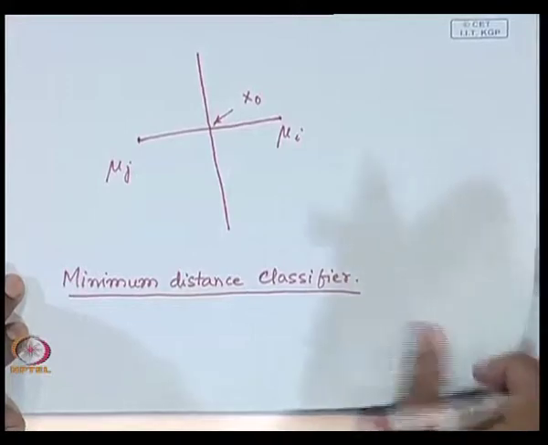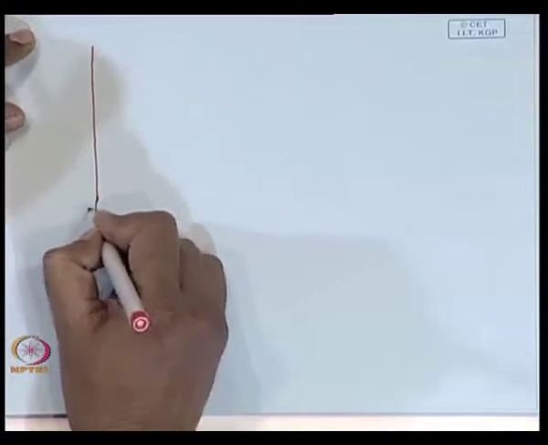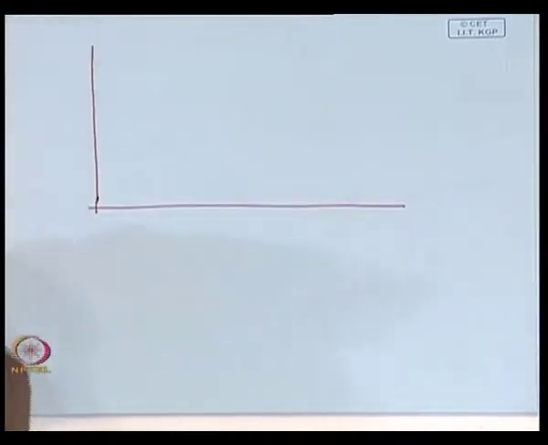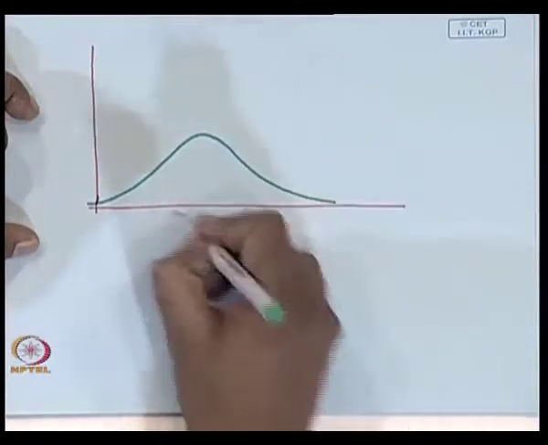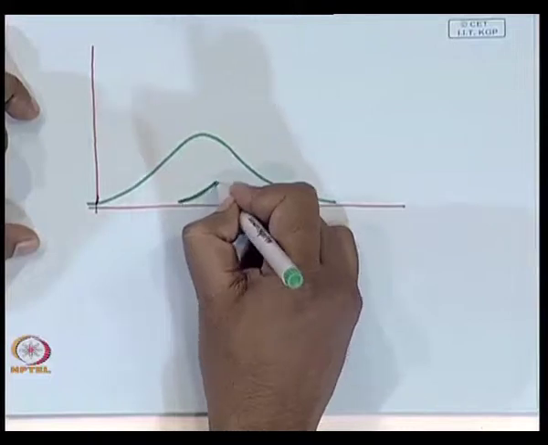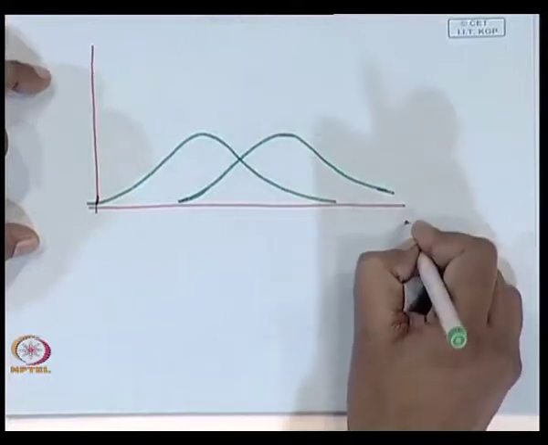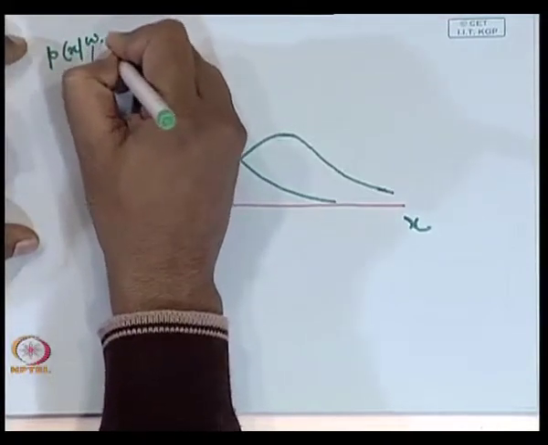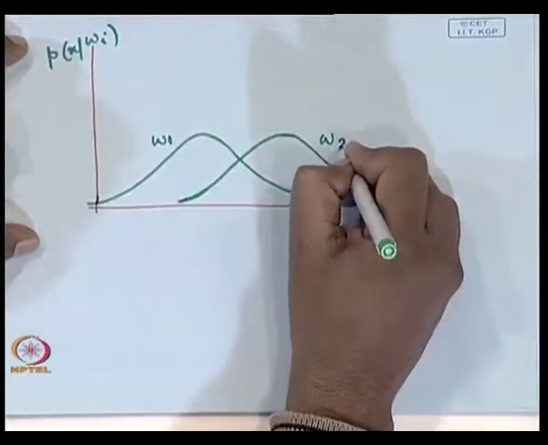So, effectively it says that if the normal probability density functions are like this, again plotting in the univariate case, on this side I put x, and this is p of x given omega i, and suppose this is for omega 1 and this is for omega 2.